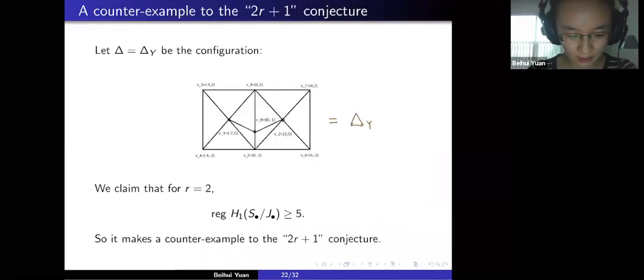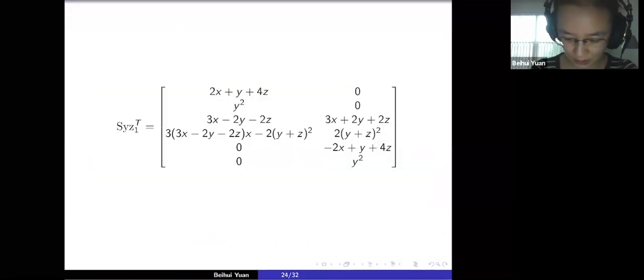For example, using the coordinates we have here, we can write down this map. I transposed it because it is too wide, okay? But the entries are just like this. We can write it down explicitly, even by hand.